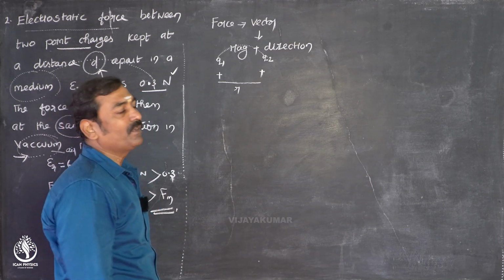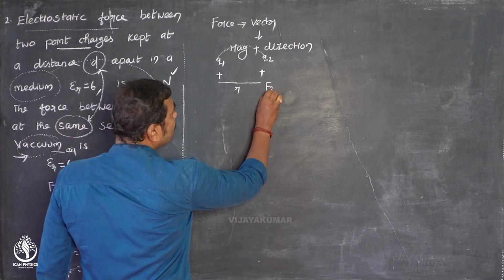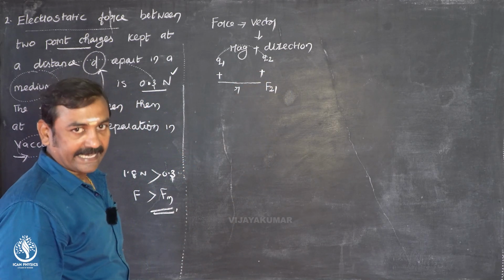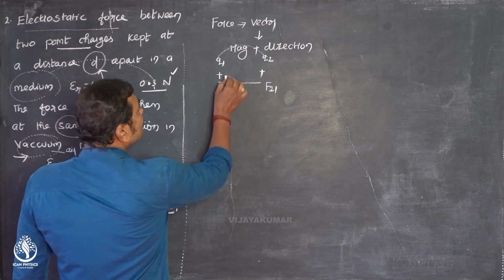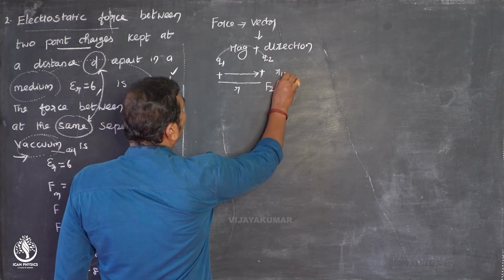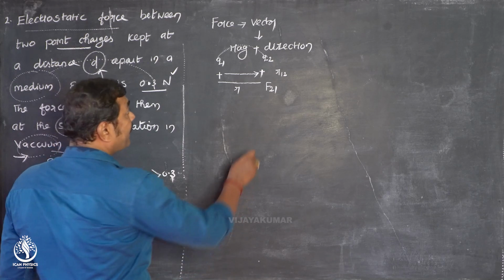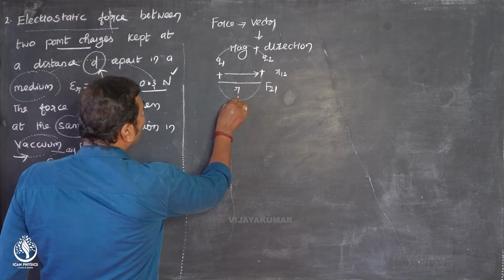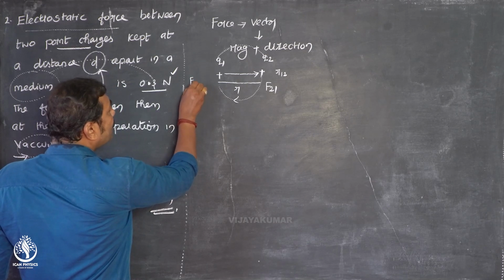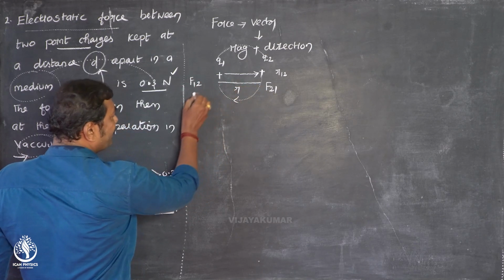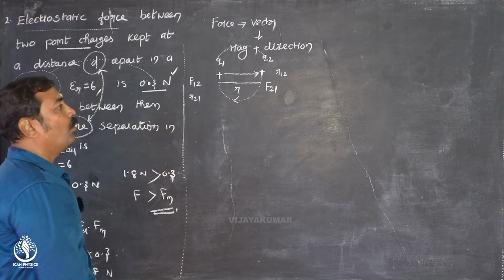So force on the second by the first, from the first to the second, and the distance is taken as R12. On the other hand, Q2 experiences a force from the first. So force on the first by the second. So from here to here, the distance is R12.